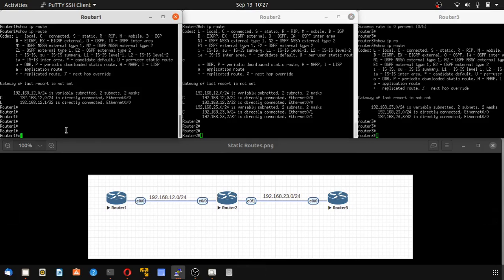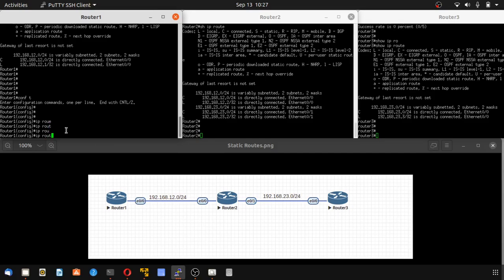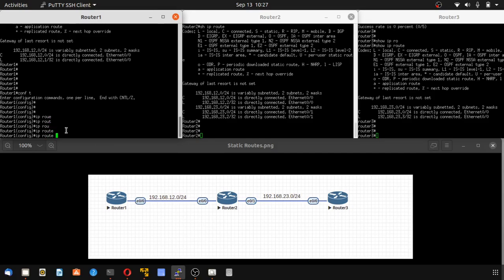So now we are going into R1 and we configure the static routes. To configure static routes, we use the command ip route, then the destination network address. What is the destination network address? 192.168.23.0, and what is the mask for this?